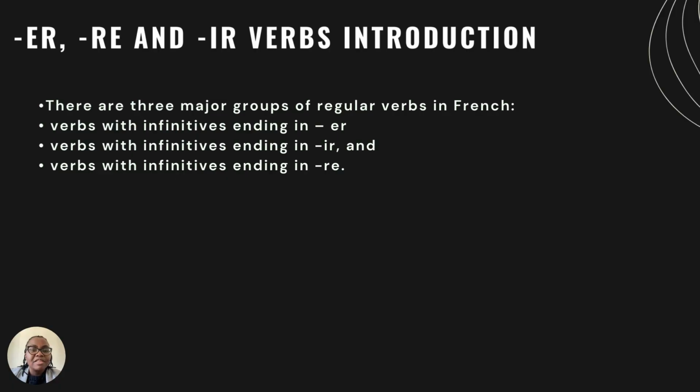We first have the verbs that end with er, the infinitive er, and this is the first group. The second group ends with ir, and the third group ends with re.